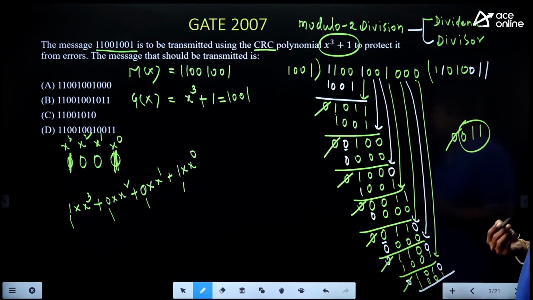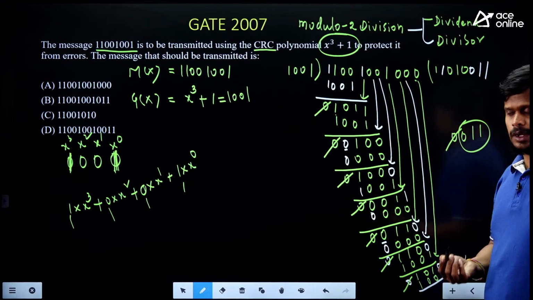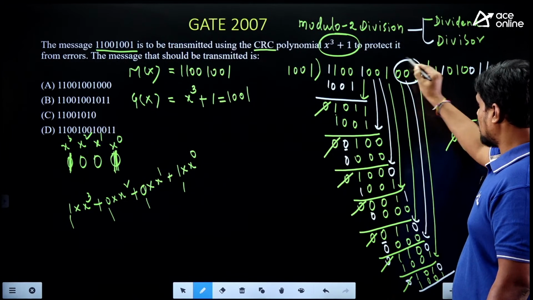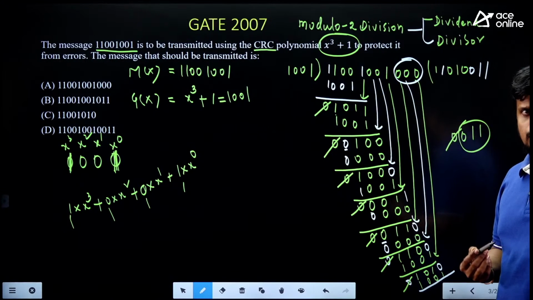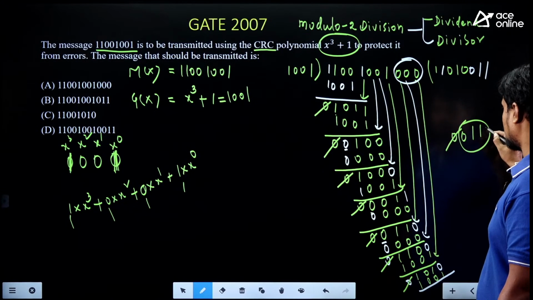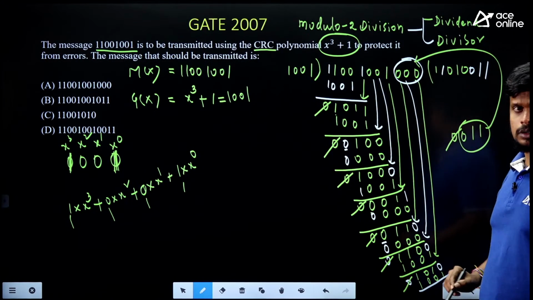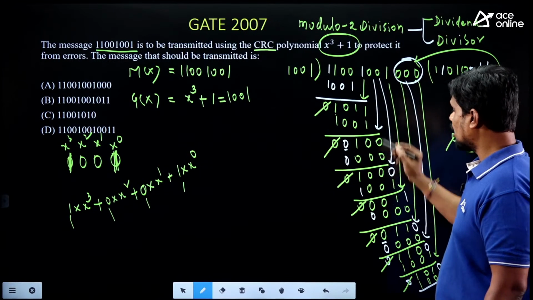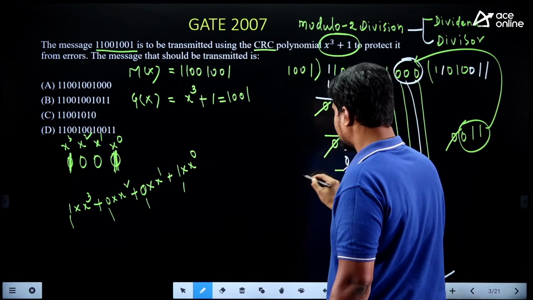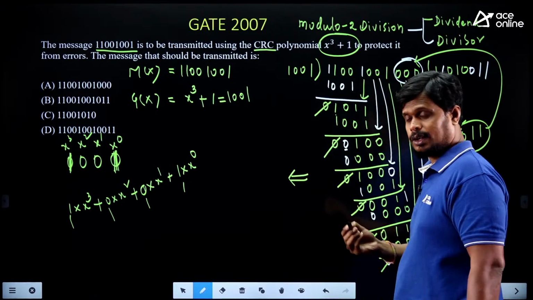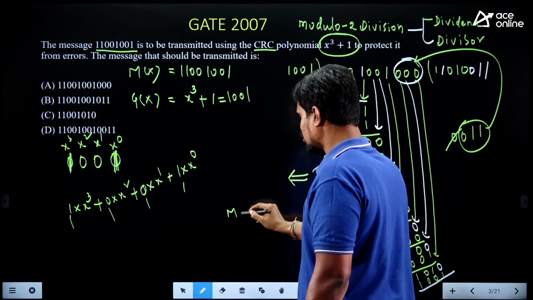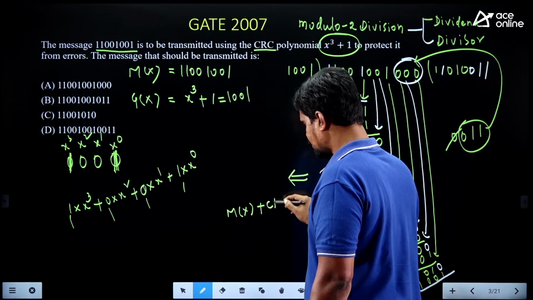As you know, in CRC, before transmitting the data, the n-1 number of zeros we have appended to the m of x must be replaced by the CRC. So it means the message format that you are sending to the receiver is m of x plus CRC.